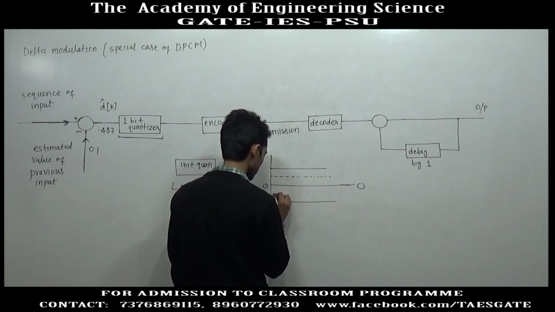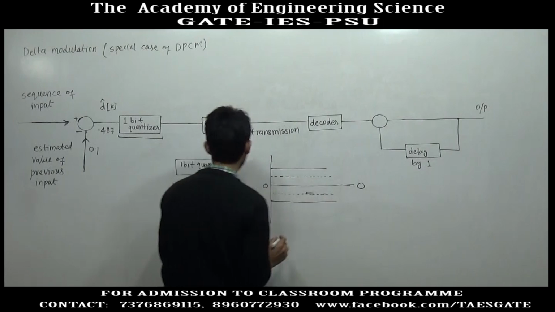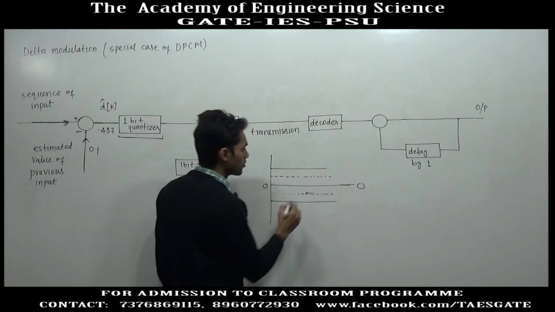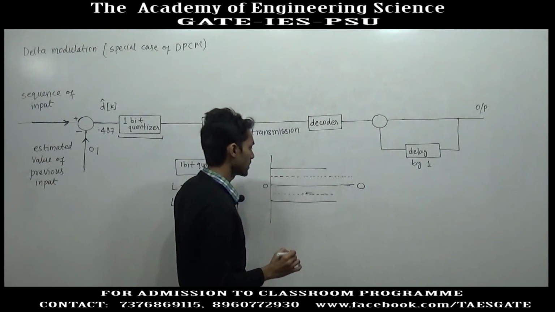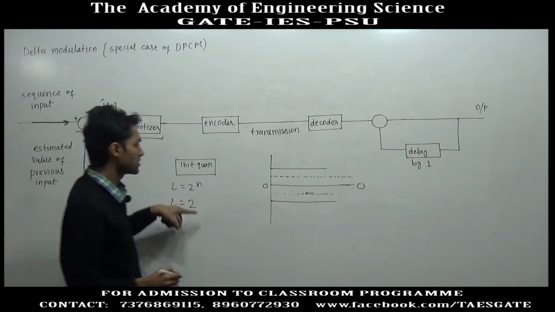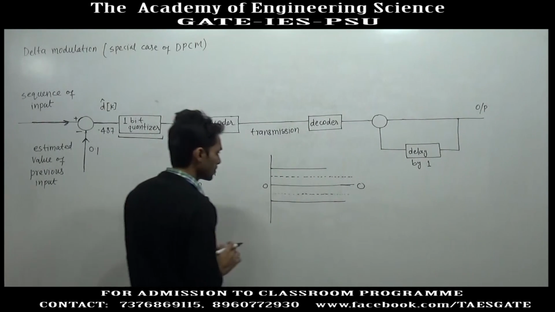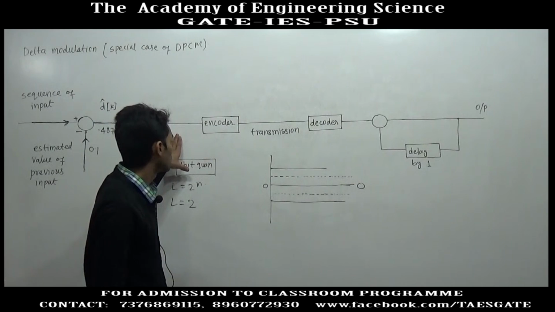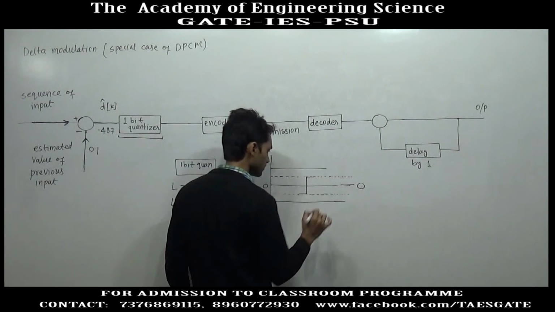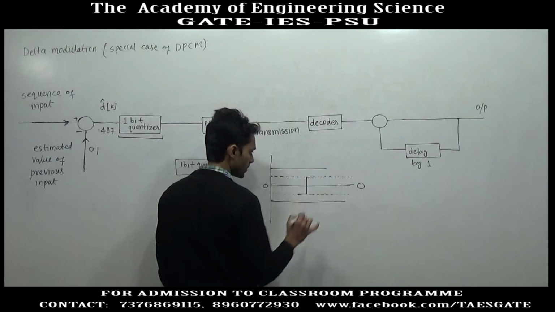So, we will have only 2 outputs of the quantizer. If the input to the quantizer is greater than 0, the output of the quantizer will be this positive dotted line, and if the input to the quantizer is less than 0, we will have the negative dotted line. So, there are only 2 possible outputs of the quantizer. The positive value is called the positive threshold, and this is the negative threshold.